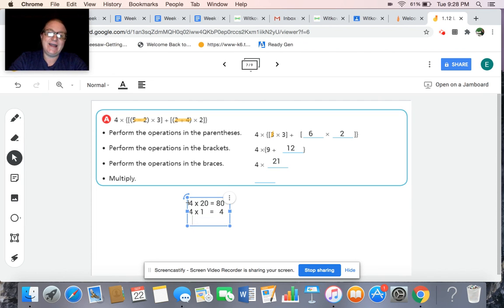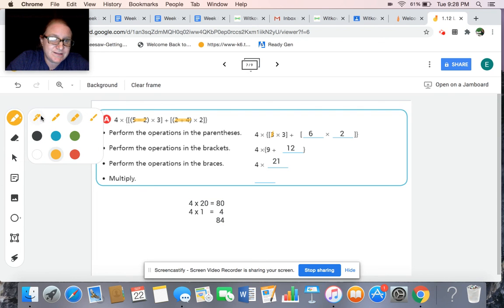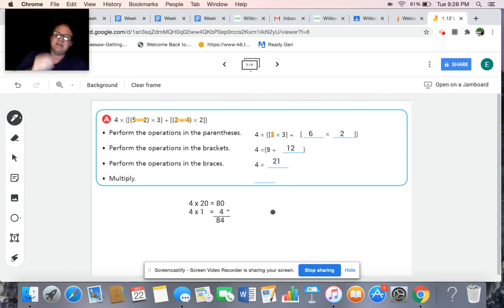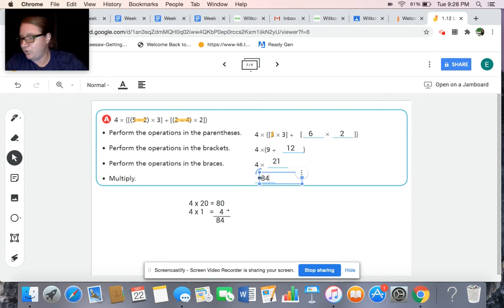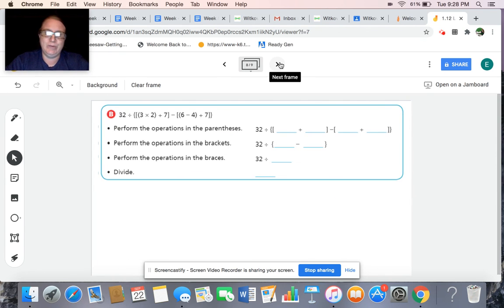And then I can add 80 plus 4, and I get 84. And then just for sanity's sake, I'm going to put this. Oh, that is so straight and lovely. There we go. So 80 plus 4 is 84. So our answer is 84. And we can carry on to the next page. Told you they'd go by pretty quick.